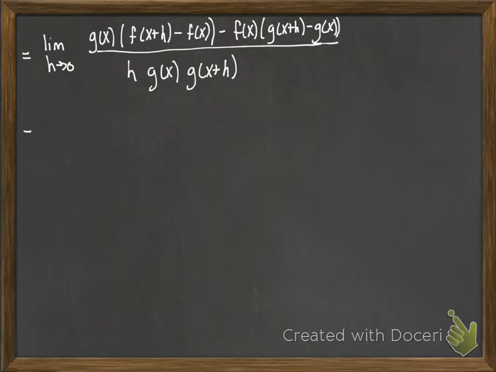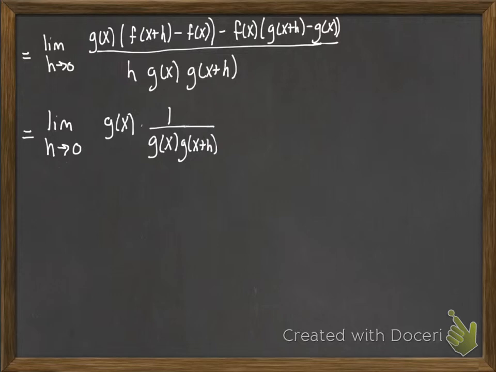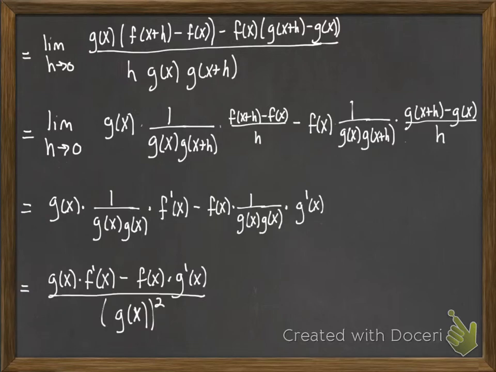Okay, so we continue to simplify. Now, what I'm going to do is break this up a little bit. I have two big fractions I can break apart. I'm going to have my g of x times 1 over that denominator, well, part of it anyway. I'm saving the h for something else. And then f of x plus h minus f of x over h.